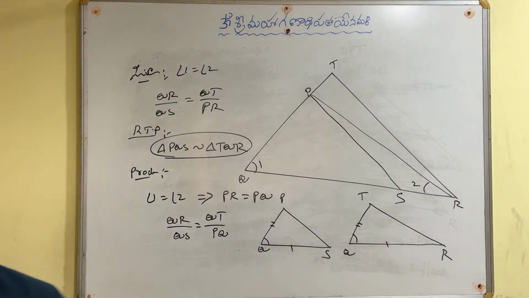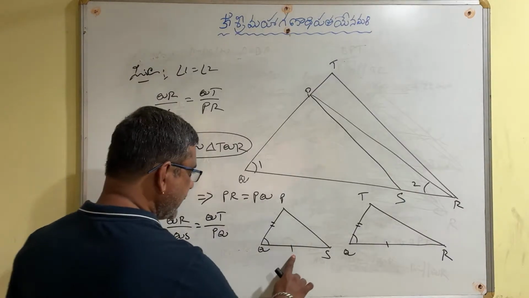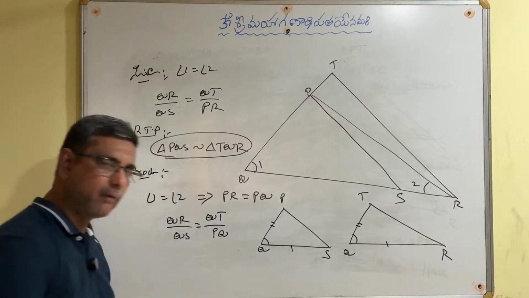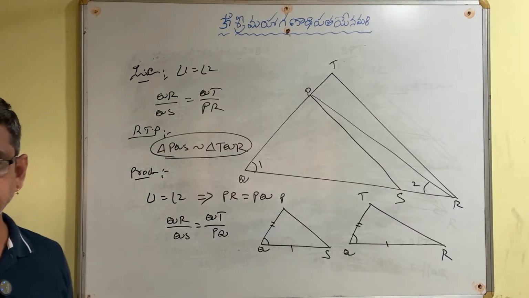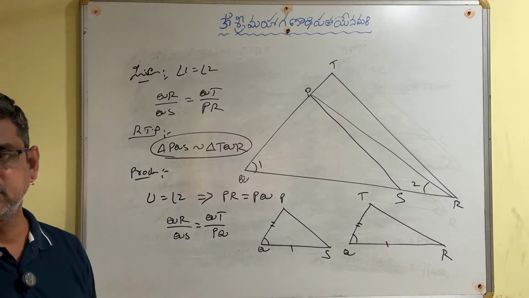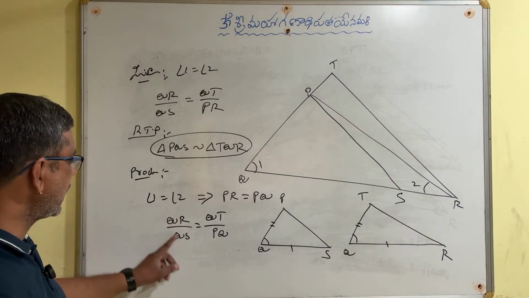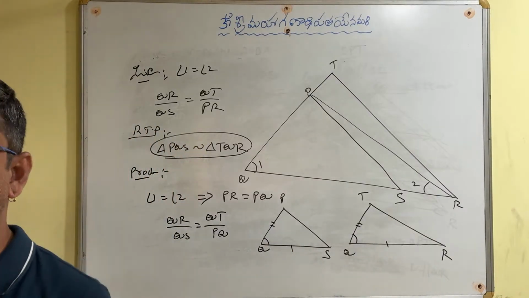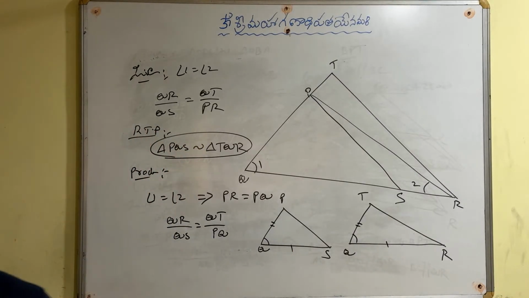Once again I am repeating, here QS and QT are having the same marking, don't feel that they are equal. I am just mentioning that ratio in the figure, QR by QS with the same marking, that's all. Don't take them as equal.